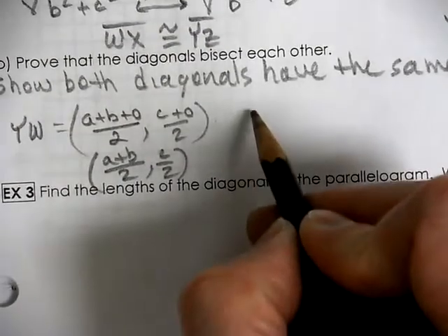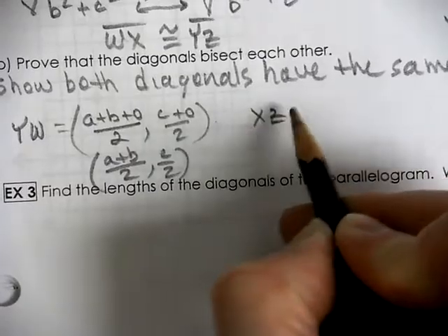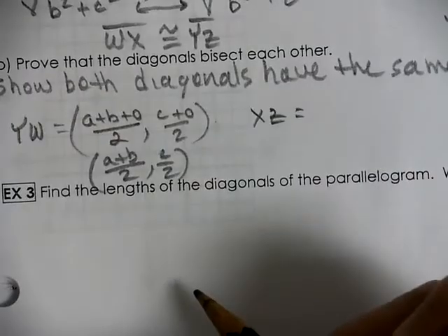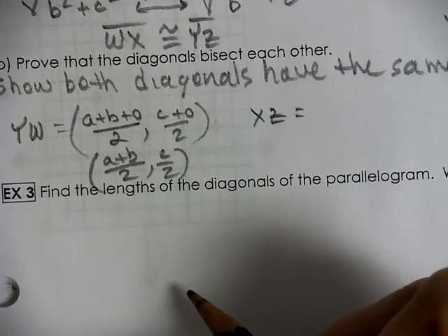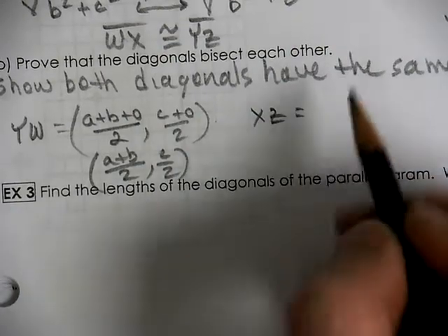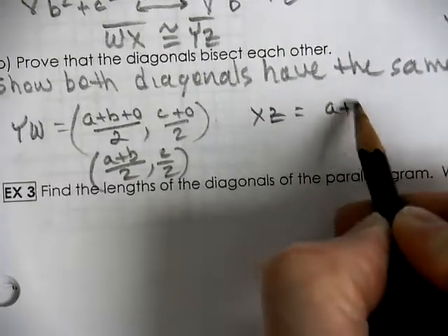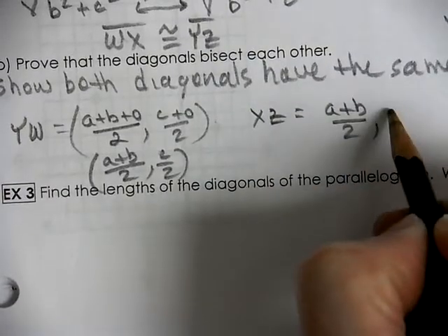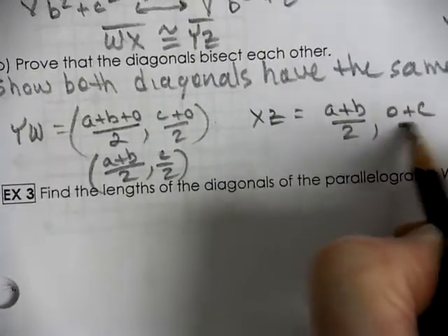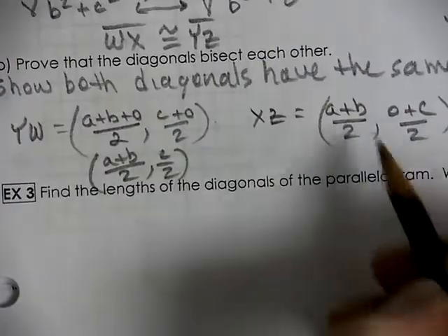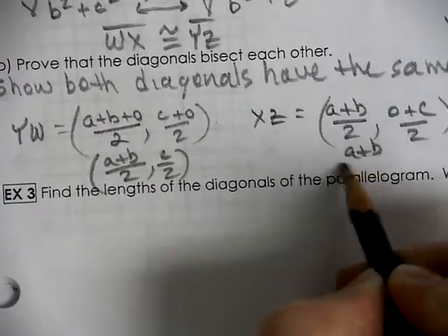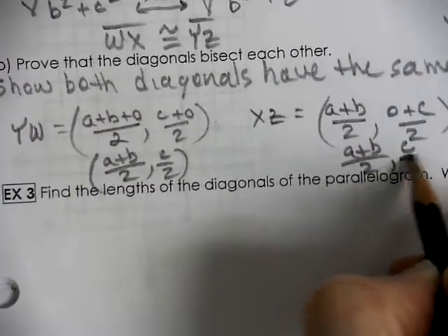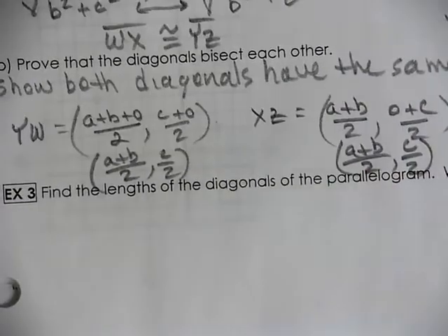Now I'm also going to find my midpoint of XZ. That is my x values added together divided by 2 and my y values added together divided by 2. That's a plus b divided by 2 and c divided by 2.